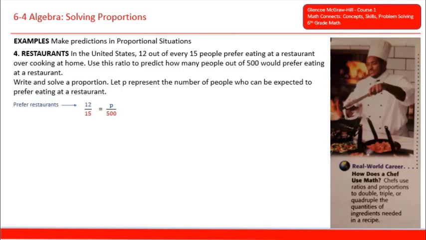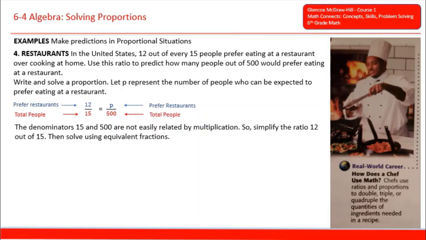The denominators 15 and 500 are not easily related by multiplication. What that means is we can't multiply 15 times a whole number to get 500. So simplify the ratio 12 out of 15, then solve using equivalent fractions.